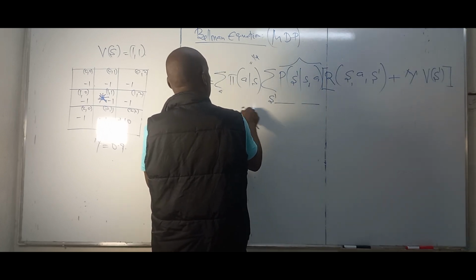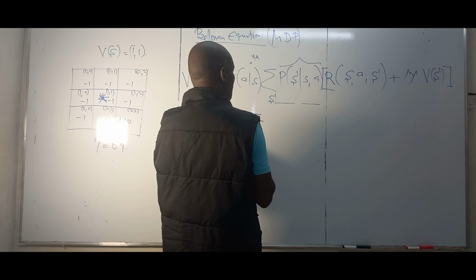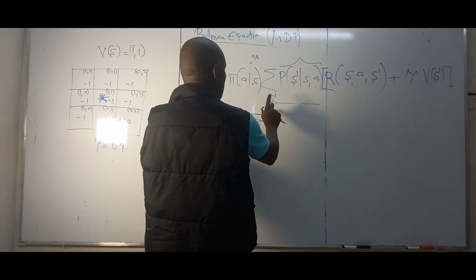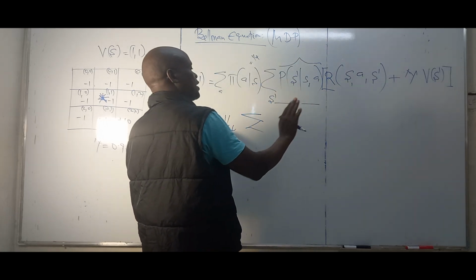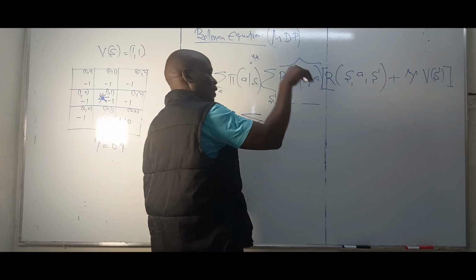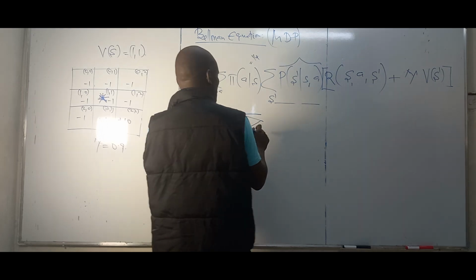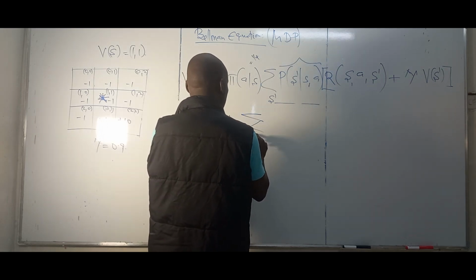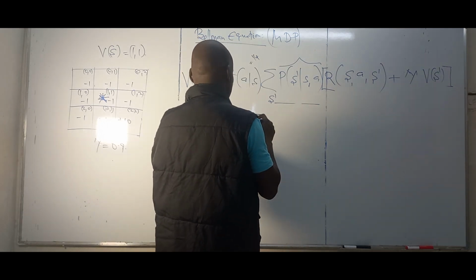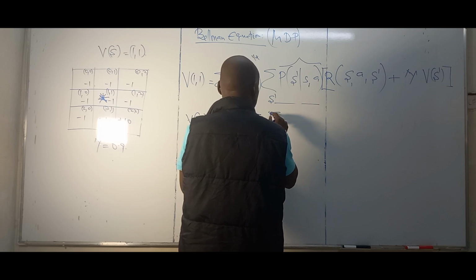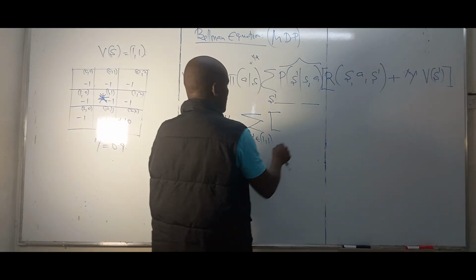So I'll be having a quarter, and we are summing in the neighborhood of the step that we have taken, on the cell that the robot has landed on, given that it has taken action A. So here we'll be summing over the neighborhood of 1, 1, because that's where you are.